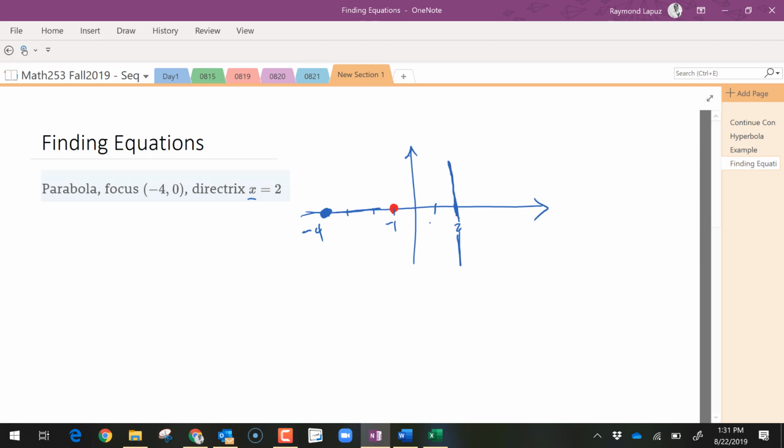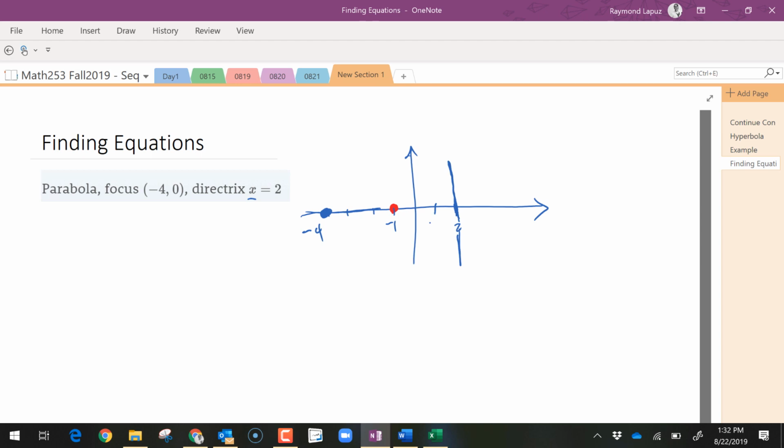Is this a parabola opening up and down, or side to side? It's opening side to side. So which of the variables, x or y, is going to be squared? Y is going to be squared.